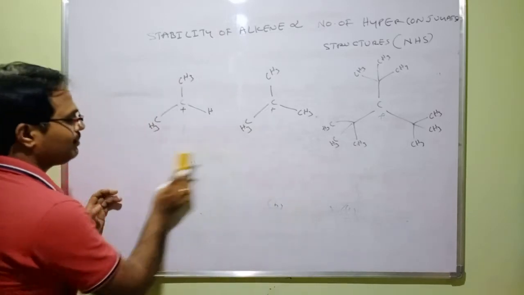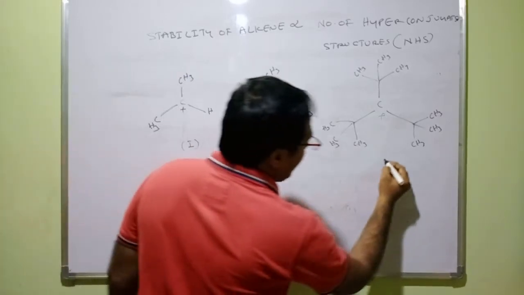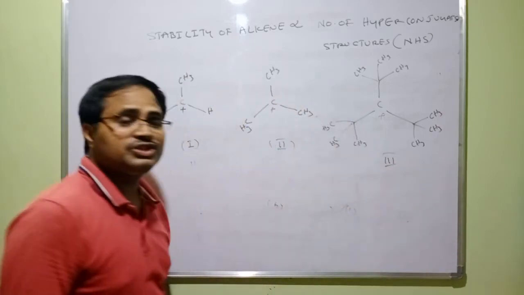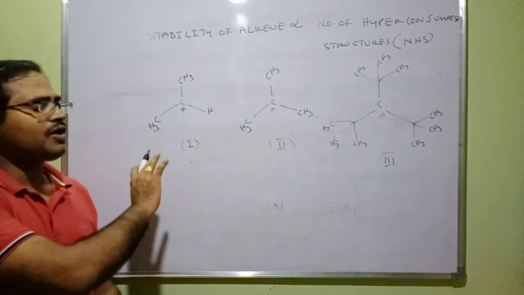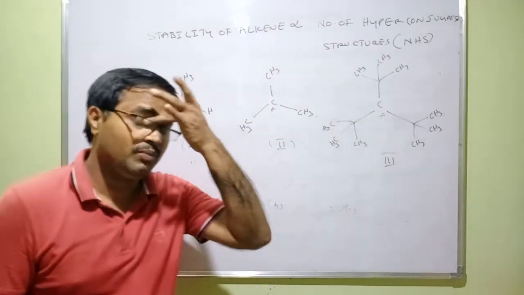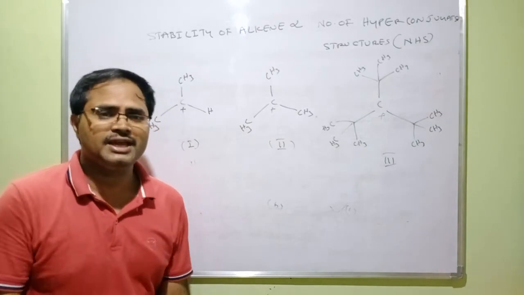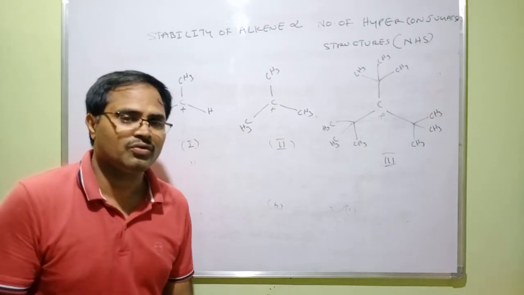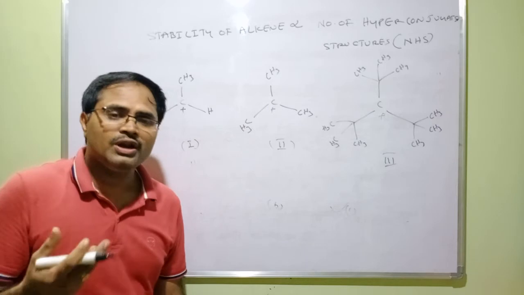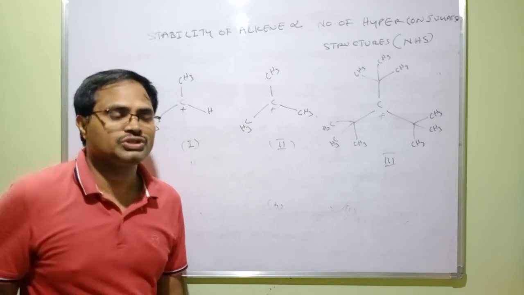Again, let us label them as 1, 2 and 3. So which is more stable? All are carbocations because here carbon carries a positive charge. Which carbocation is more stable? Again the same concept that I discussed before: if you have more hyperconjugated structures, the carbocation will be more stable.